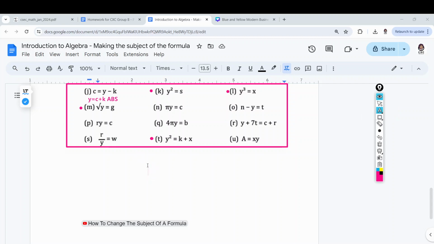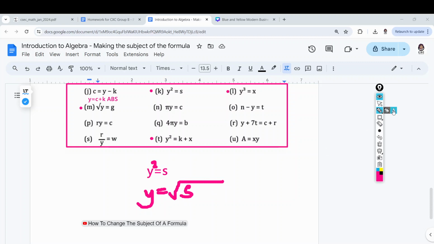If I have y squared is equal to s, guys, y squared is equal to s. Guys, I need to find the square root of everything on the right side. So the answer is supposed to be y is equal to the square root of s.